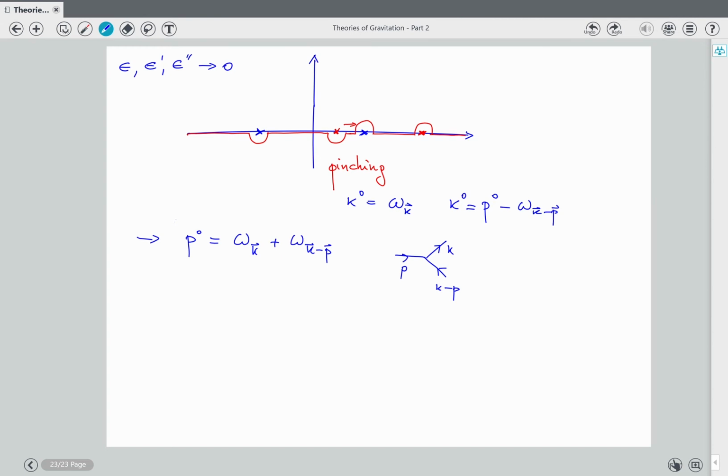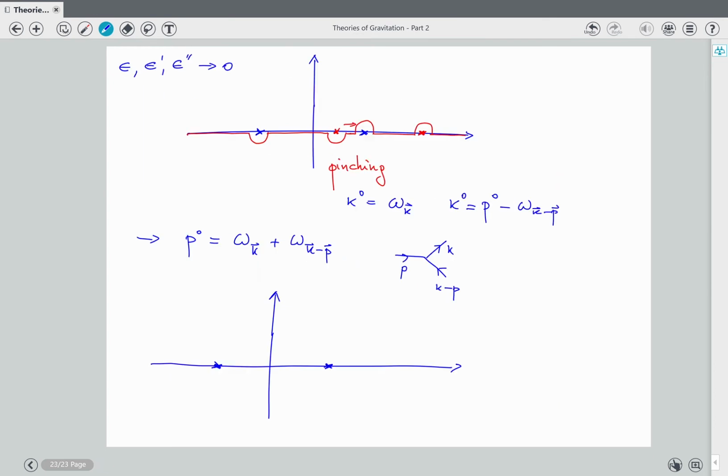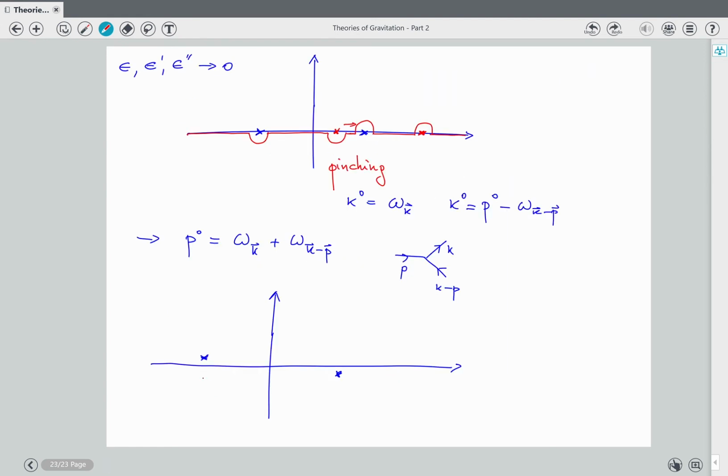You have another pinching when this pair shifts to the left, something like that.